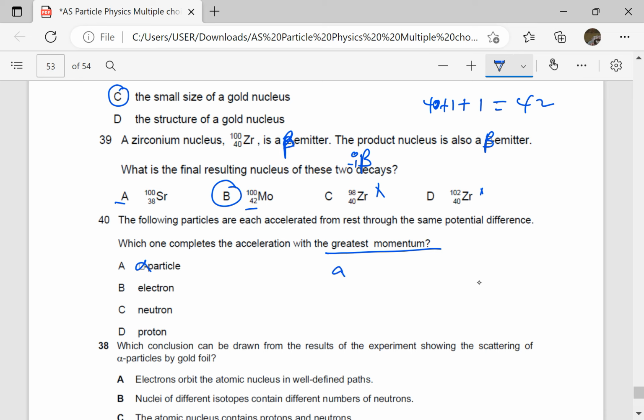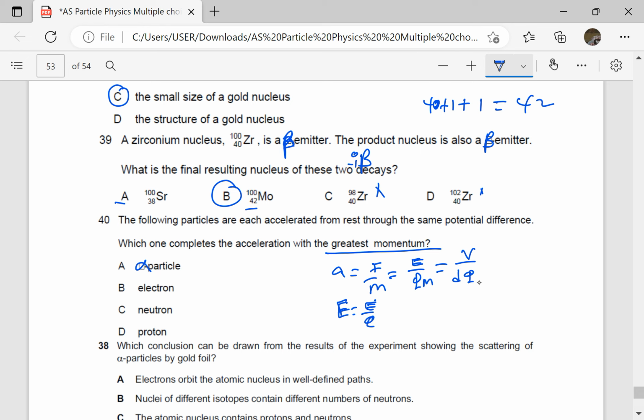So acceleration is equal to force over mass, and the force is equal to electric field strength times charge. E is force over Q.